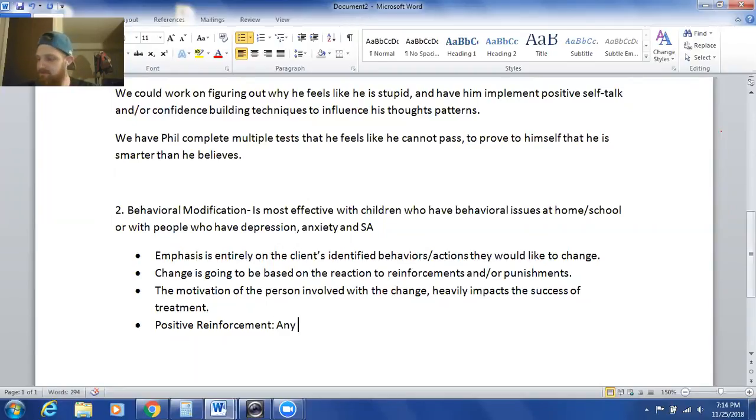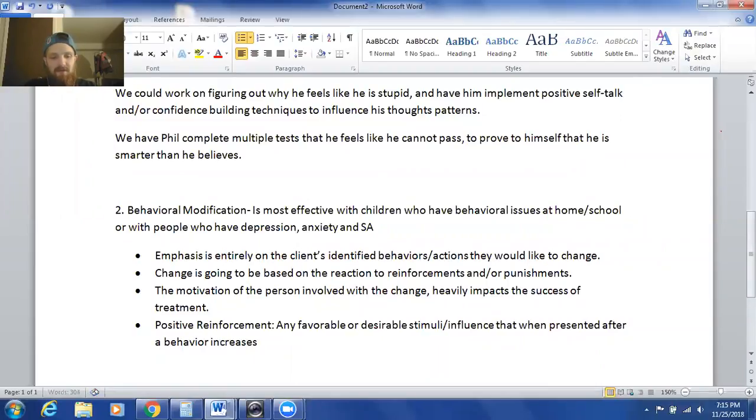This is any favorable or desirable stimuli, well, fancy word for basically influence, that when presented after a behavior increases the likelihood of it occurring again. And I'll give a couple examples, and if you guys want more, feel free.